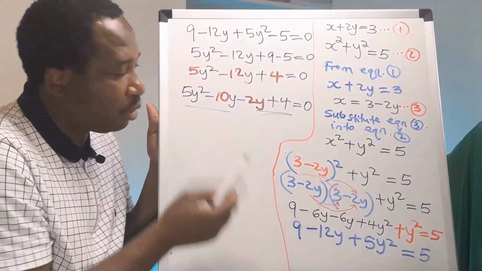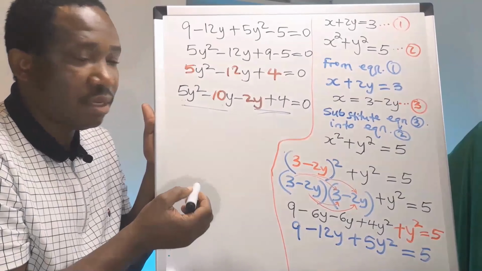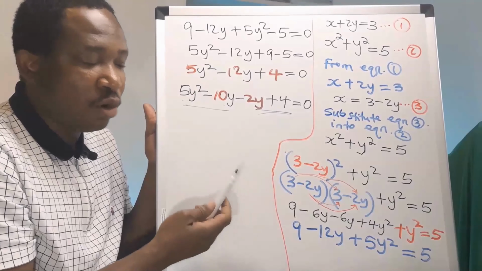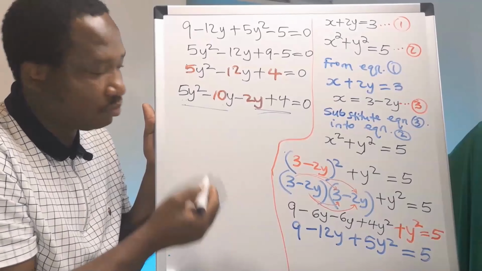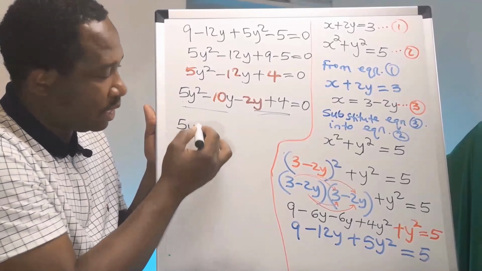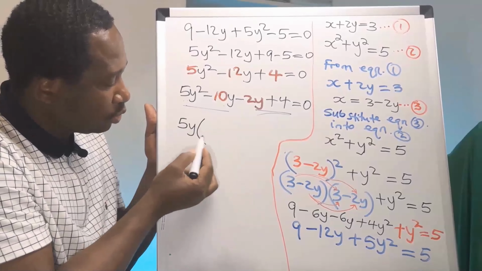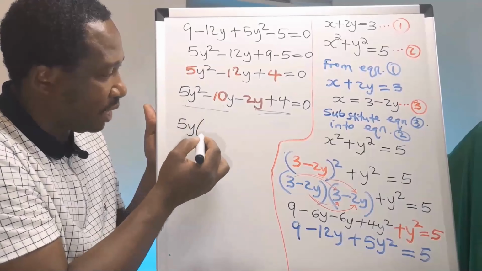What is common on both sides of this? Next, what is common between 5y squared and 10y? You see, we have 5y. I'll open a bracket. What will I multiply so that I will get 5y squared?